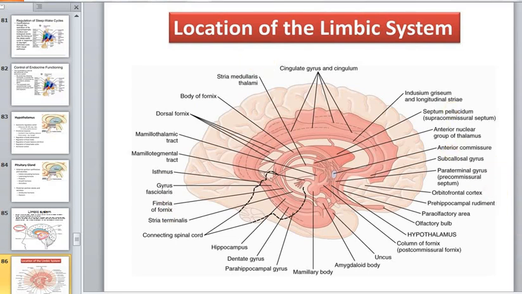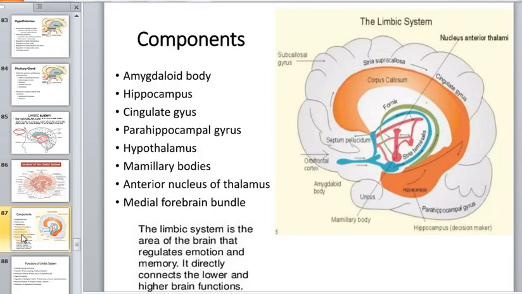The limbic system was originally defined as a series of cortical structures surrounding the boundary between the cerebral hemispheres and the brainstem. The functions of this part of the brain are not yet fully understood, and we will only talk about some of them. And here we see some of its components. The limbic system is the area of the brain that regulates emotion and memory.